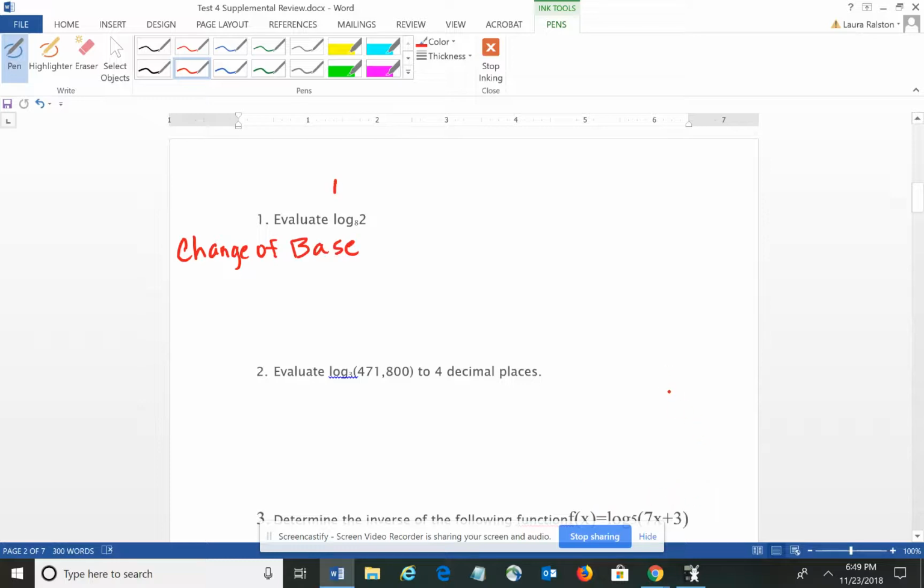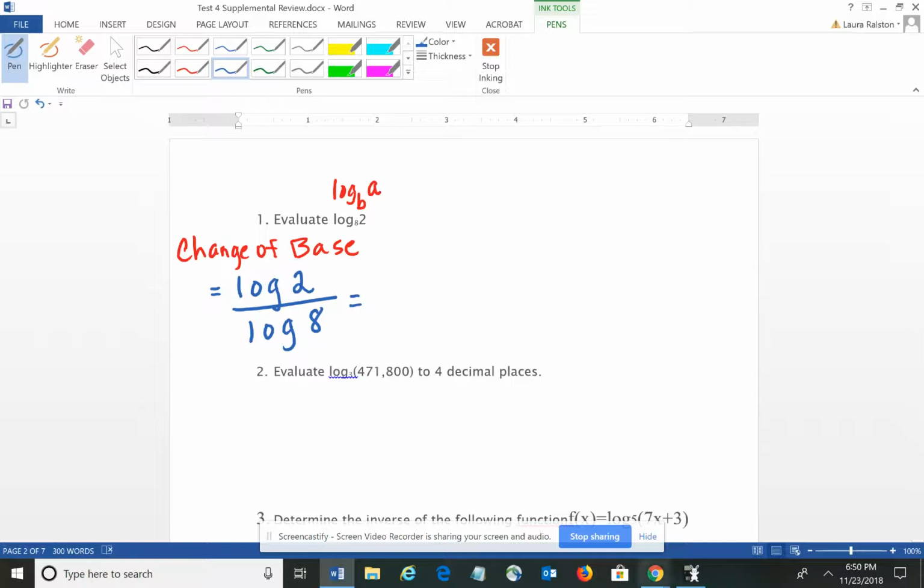I would have log base b of a. So the b is 8 and the a is 2. So using that formula, I need to put log of 2 divided by log of 8.